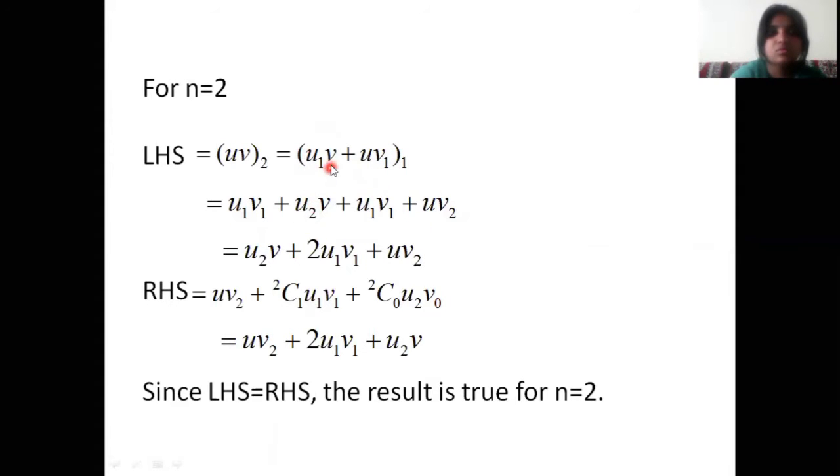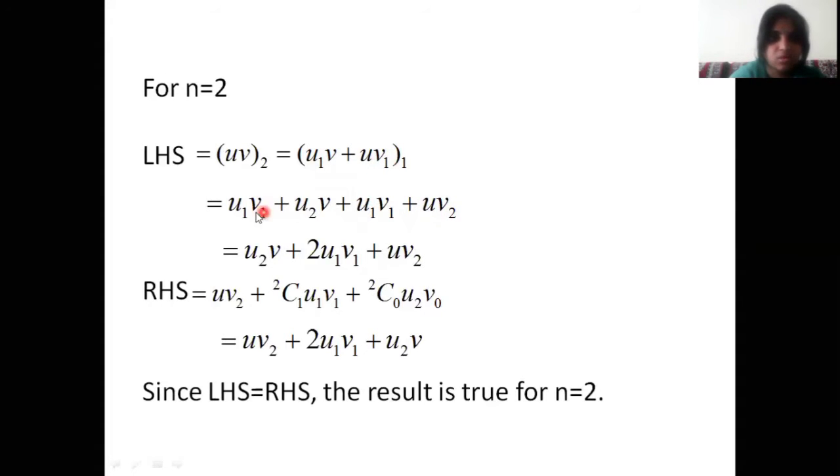I have just used the product rule for these terms. So here it is u1 into the differentiation of v, which is v1, plus, keeping this silent and differentiating this, you'll get u2 into v, plus, differentiating this and keeping this silent, u1 v1, plus, keeping this silent and differentiating this, you'll get u v2.